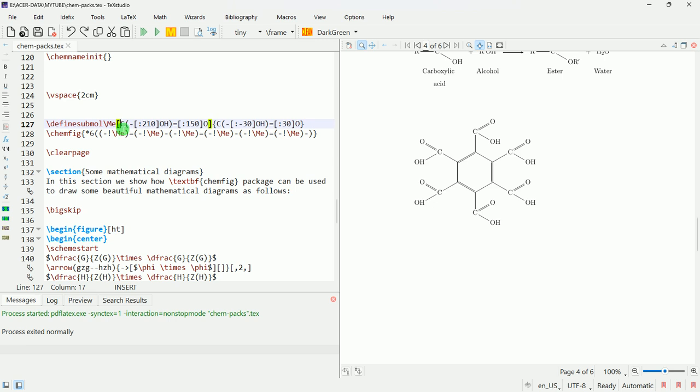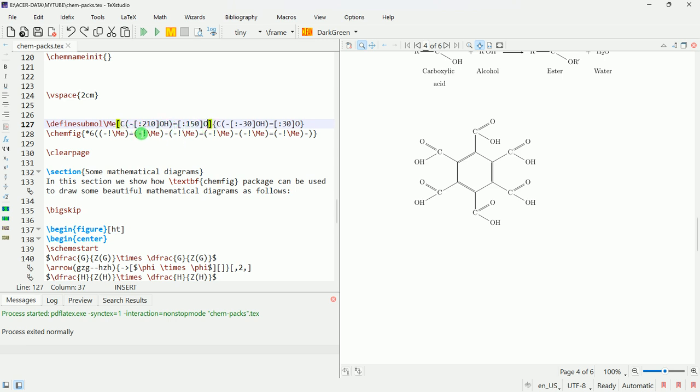This curly bracket, square bracket gives the left side of this vertical line, and this curly bracket gives the right side of this vertical line, including the vertical line. So for the right side you have to write this command here, and for the left side you have to write this command, this one.